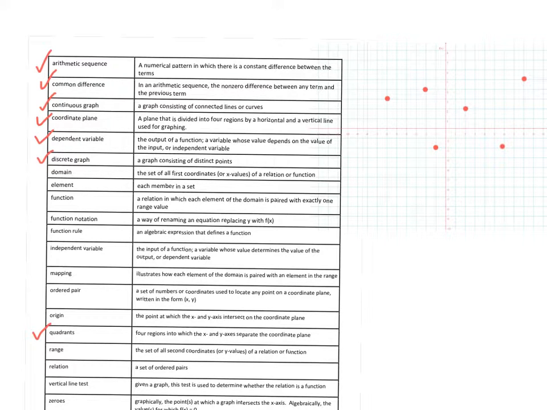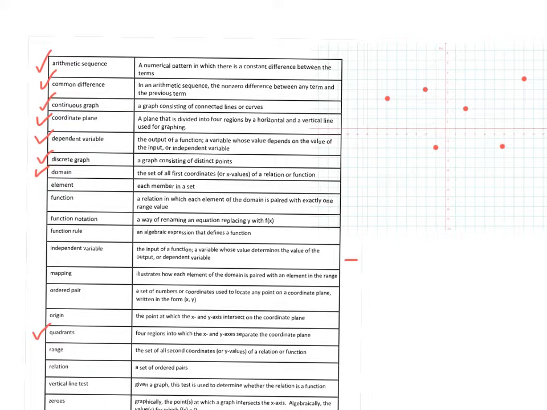The next item on our list is domain. And remember, domain is just the x values. So I'm just going to use this discrete graph to identify the x values. So the domain on here, if we look at our first point, our x value for that is -6.